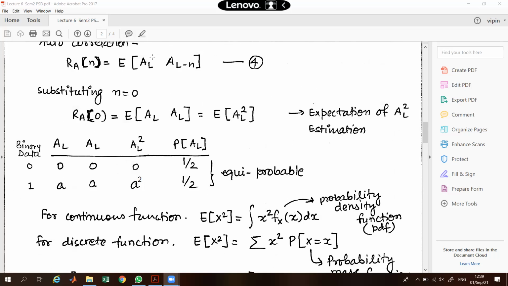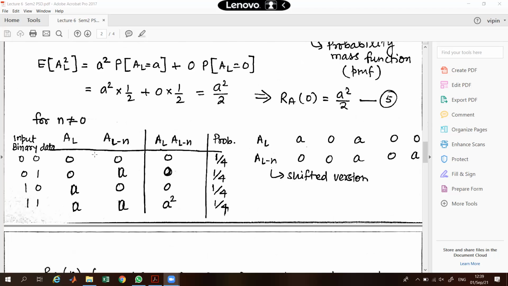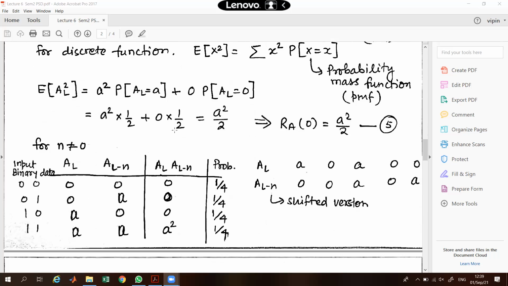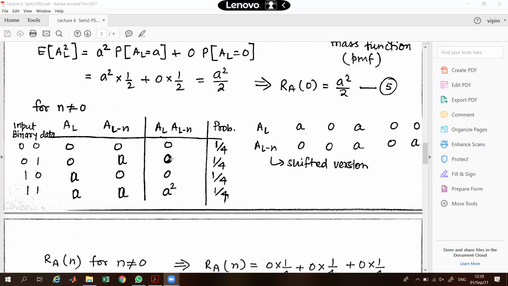Then we have 0 0, 0 A, A 0, A A. Multiplying them, it will be 0, 0, 0, and the last one is A square.